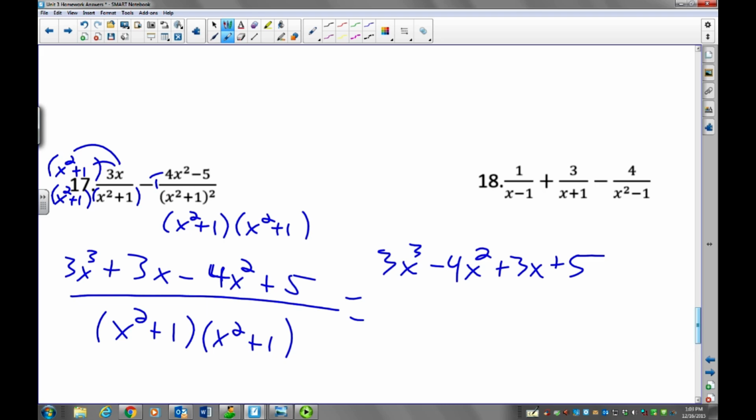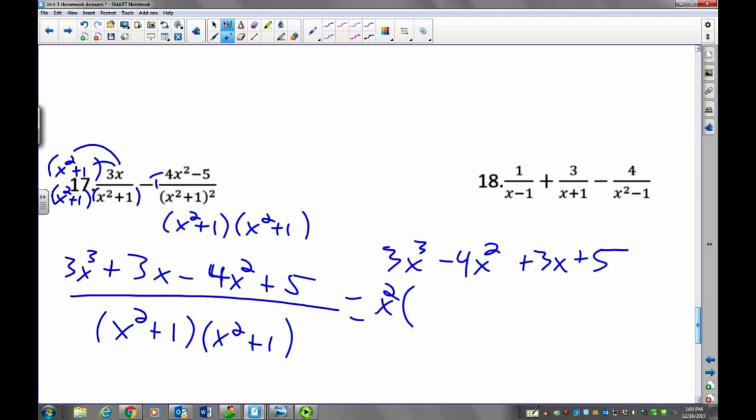But I'm wondering if that could factor out more, actually. Let's see. Looks like we could factor out maybe. Maybe pull out an x squared here. So if we pulled out an x squared, we would have a 3x minus 4. And then here, you couldn't really pull anything out. Maybe just a 1. So plus 1.